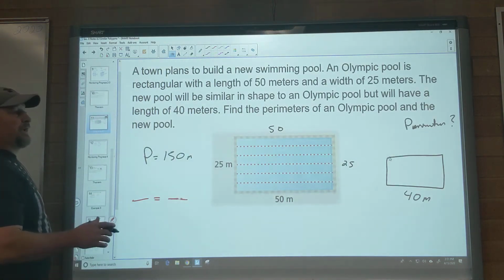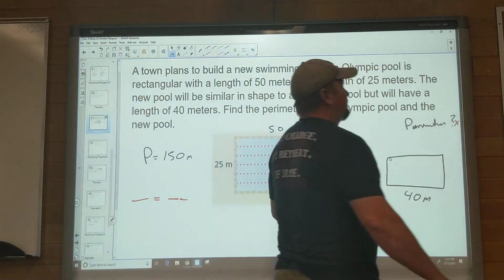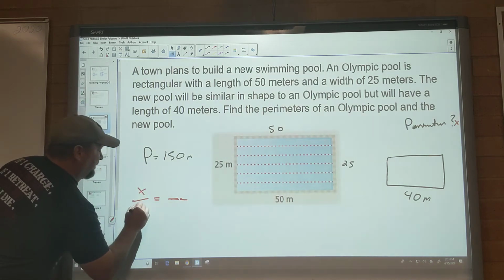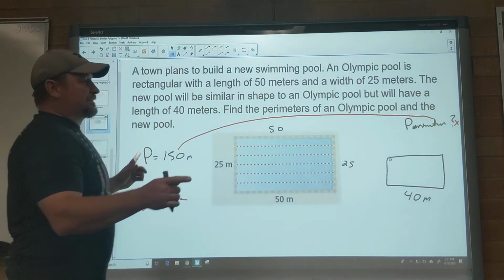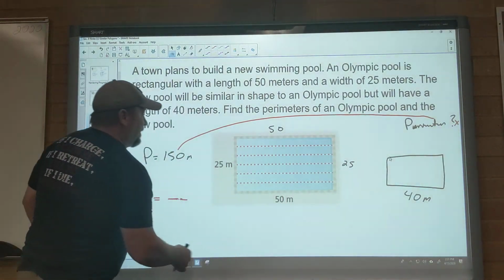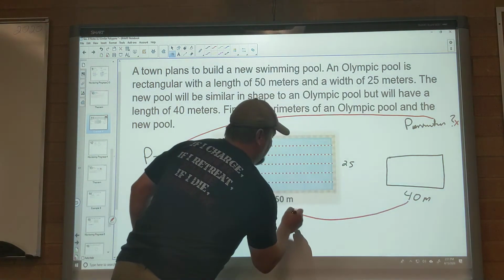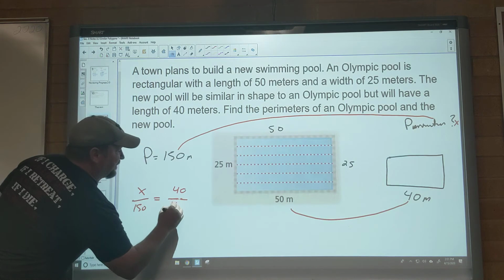And I'm going to pick my x right here. So x goes with 150. I like to draw lines to stuff. Then, because I chose x from that picture, I have to pick the 40 with the 50. So 40 will be first, then 50 will be next.